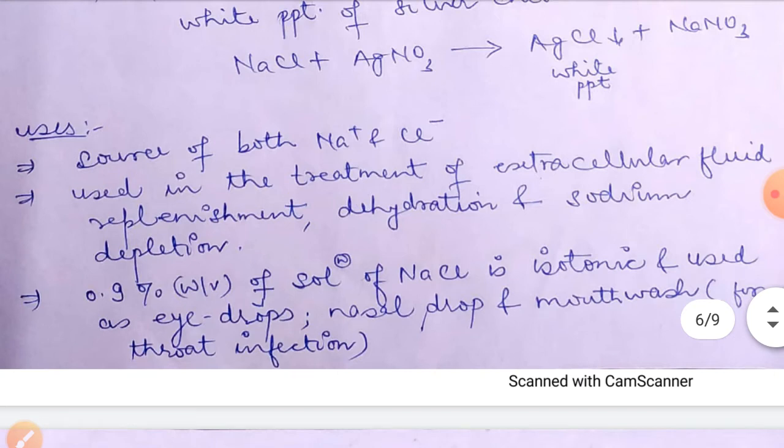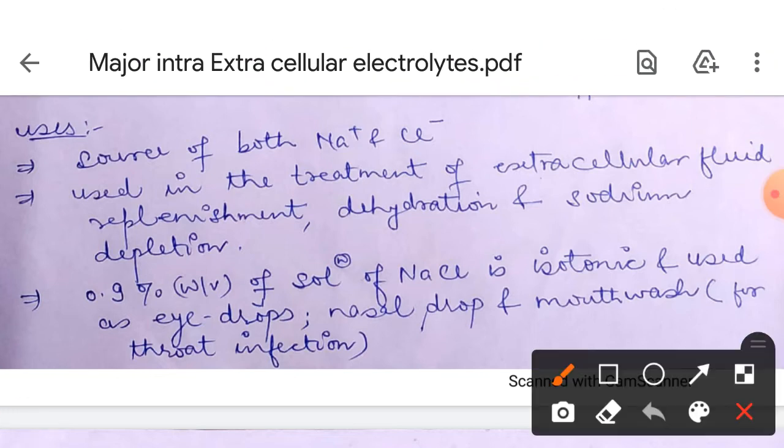Now the uses are, it is source of both sodium and chloride because sodium chloride contains the sodium ions and chloride ion. That's why it is a source of both sodium and chloride, used in the treatment of extracellular fluid replacement and dehydration. It is useful in the treatment of dehydration, and as we all know that it contains sodium, that's why it is used as a sodium replenisher.